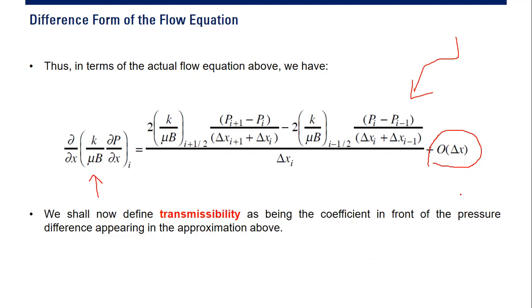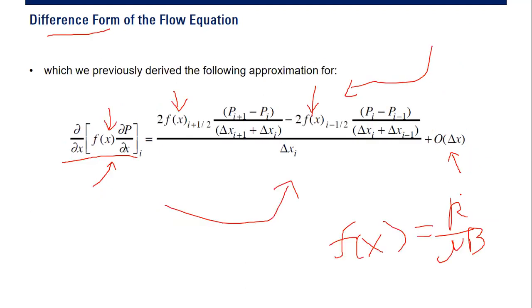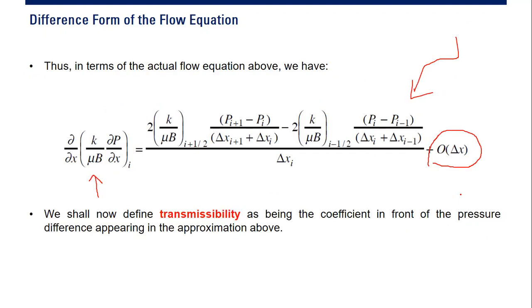Okay, so it's quite easy. We just replace f(x) with K per mu B, and we shall now define transmissibility as being the coefficient in front of the pressure difference appearing in the approximation above. So this is the analytical, the exact value, the left-hand side, and the right-hand side is the finite difference, the approximation.